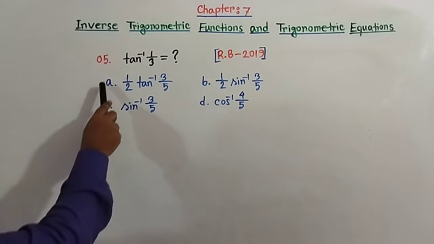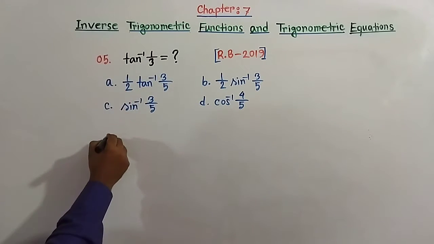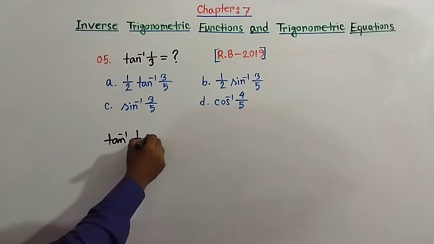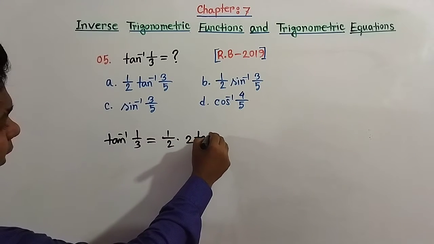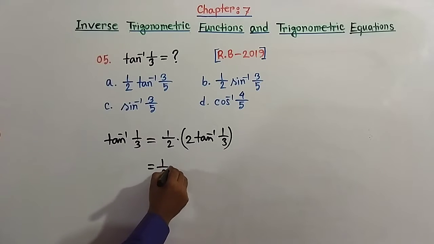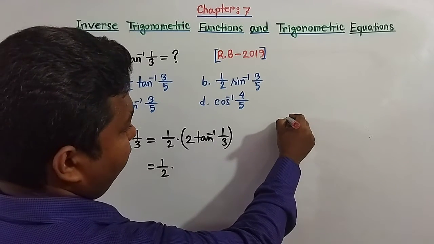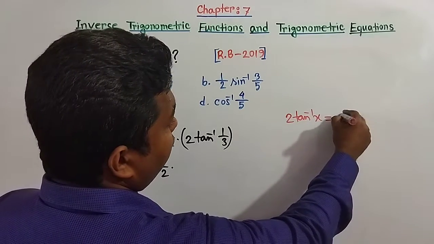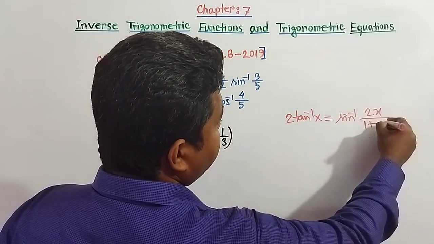Now question number 5, tan inverse 1/3 equal to what? Here tan inverse 1/3, we can write this as half into 2 tan inverse 1/3. We know a formula, 2 tan inverse x equal to sine inverse 2x by 1 plus x square.